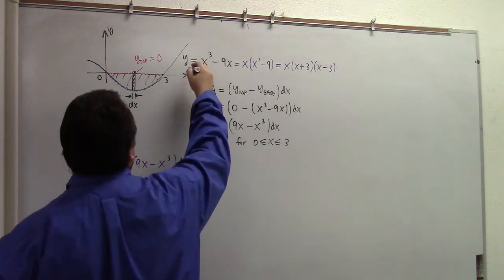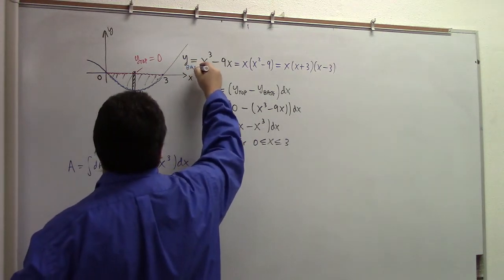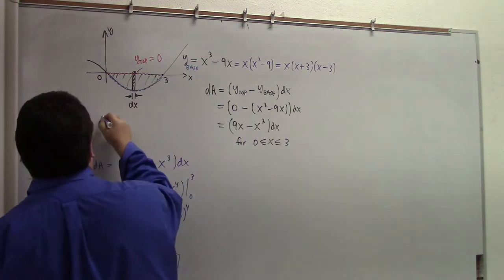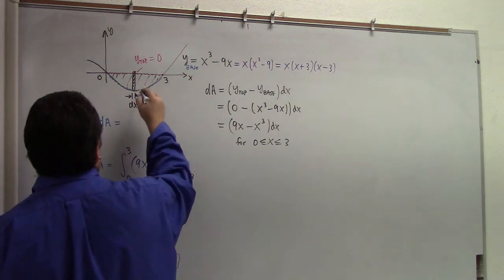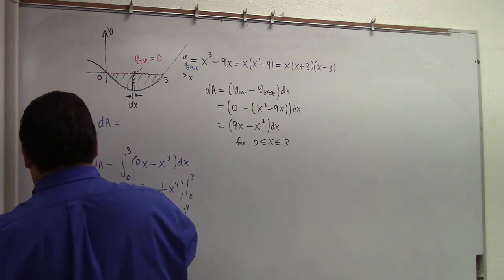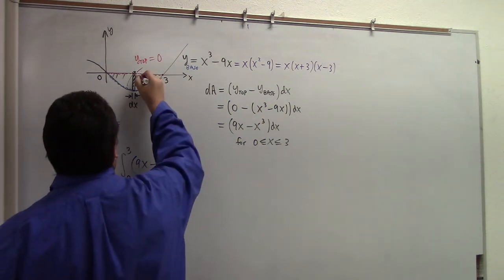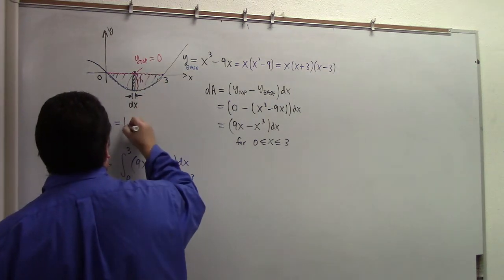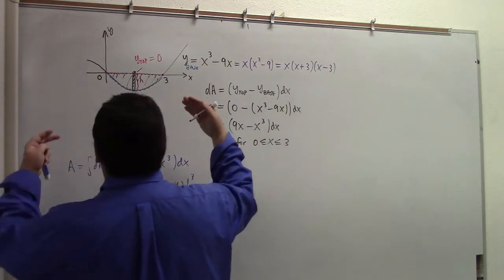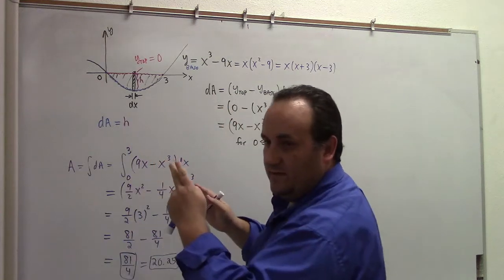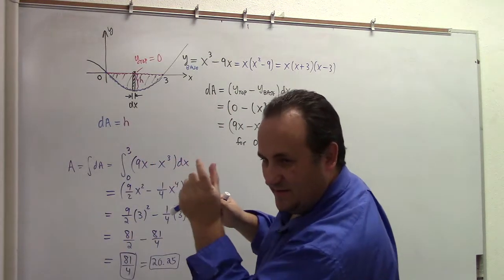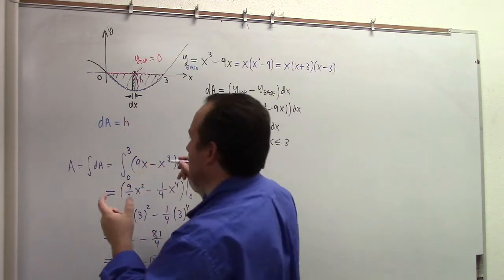So that's the base y, and so dA should be whatever that distance is. Let me put it in here, h, right? It should be h times the width of that strip. So I'm imagining it's just a little change in x, so I use dx to denote that.